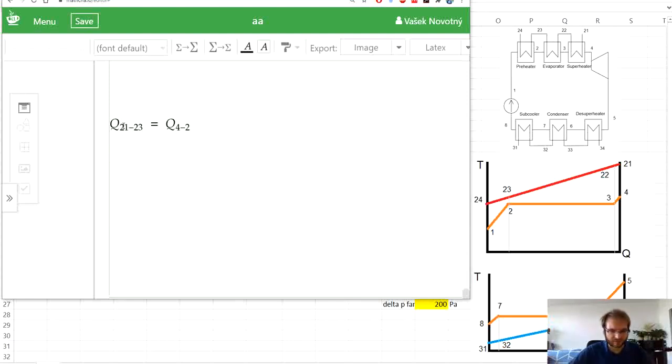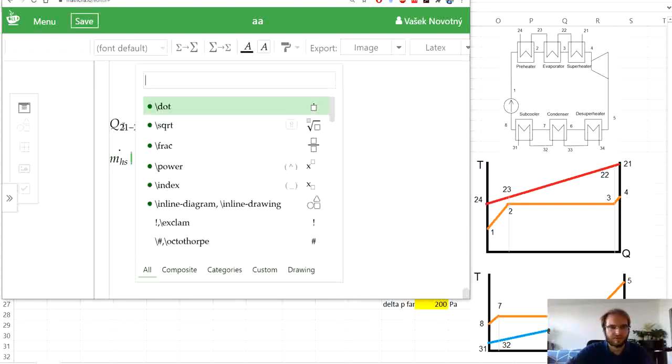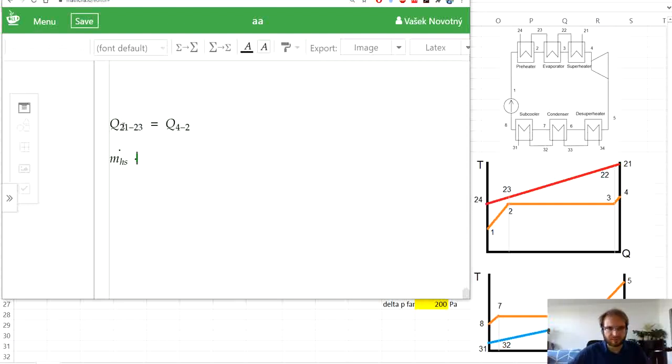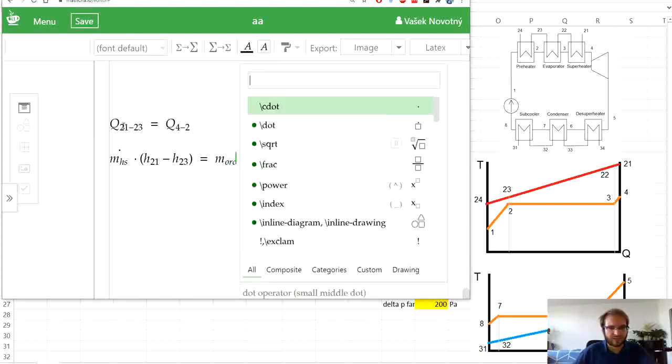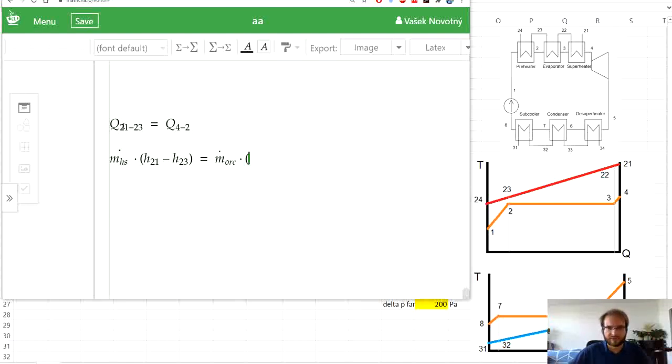And the heat transferred is the mass flow rate of the primary fluid, let's say HS as heat source, multiplied by the enthalpy difference, enthalpy 21 minus enthalpy 23, and this needs to be the heat transferred into the ORC working fluid, so it's the mass flow rate of the ORC multiplied by the enthalpy difference. Now it would be enthalpy 4 minus enthalpy 2.